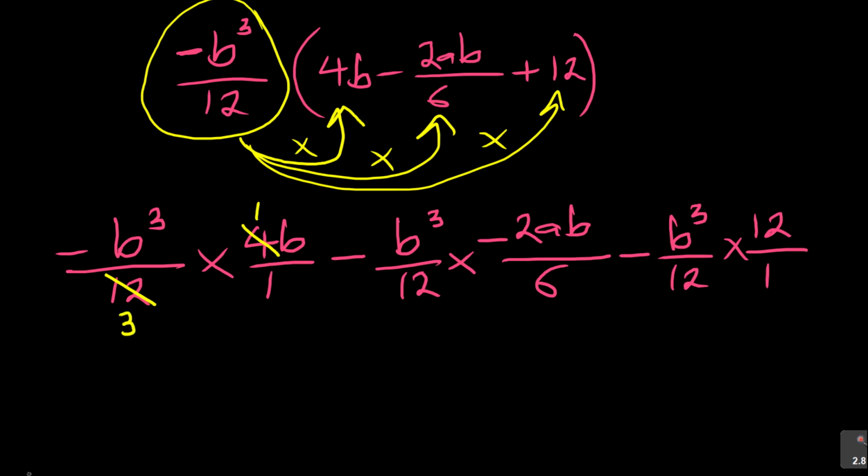And then what you're going to have now, b, so you've got minus b cubed, you multiply the tops, times b over 3 times 1. That's the bottom. Multiply the top and the bottom, and then these two negatives here, they will become a positive.